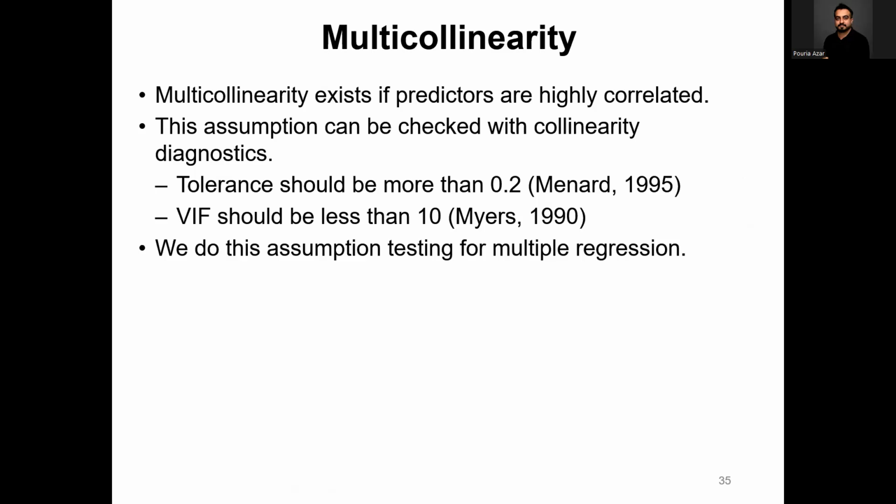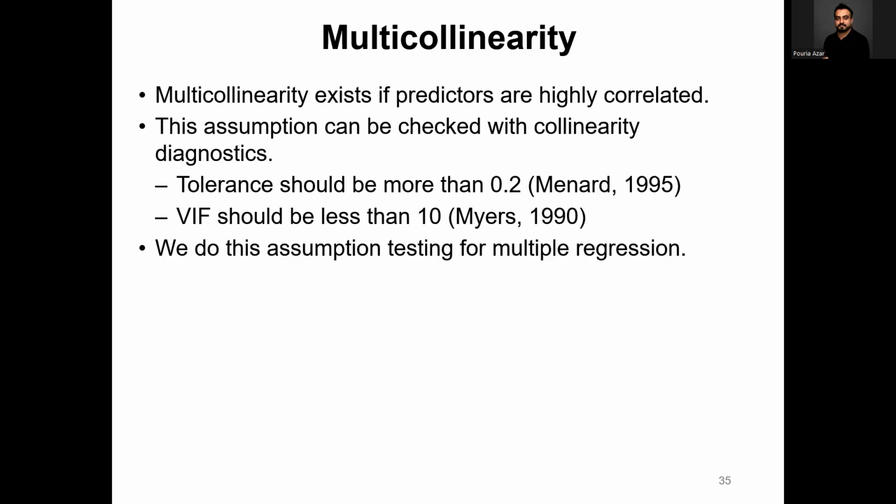So I need to test for multicollinearity in multiple linear regression. In SPSS, there are two ways to do that: tolerance and VIF. SPSS will provide a table with tolerance and VIF. Tolerance should be more than 0.2 and VIF should be less than 10.